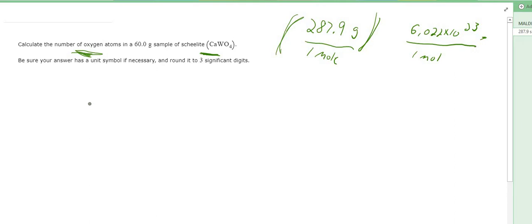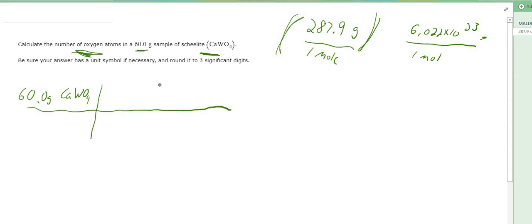Again, I write down the conversion factors that I know, and I'm going to start here. So I know that there are 60.0 grams of scheelite in this sample. And so I just let my units guide me.